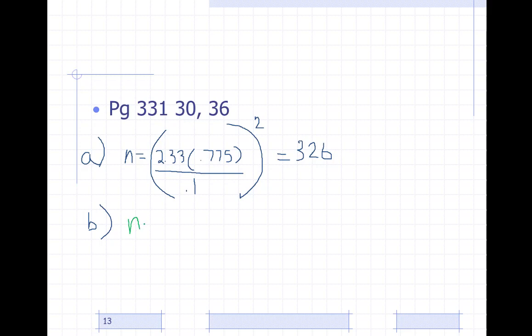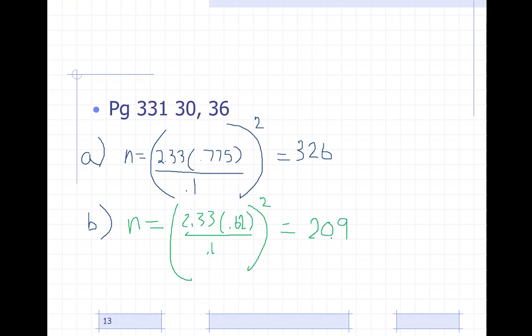So N equals, it's still 2.33, but this time our estimated standard deviation is 0.62. And our error is still 0.1. We have to square all that. So when I do that, I get 209.